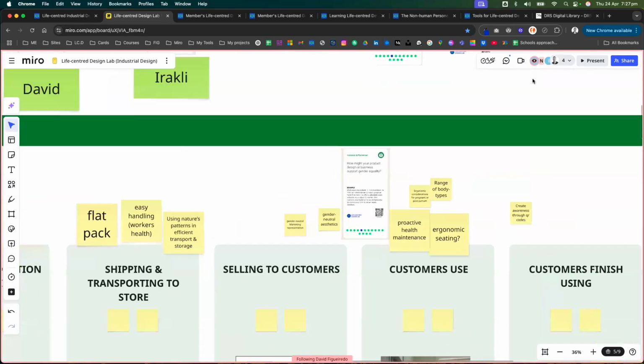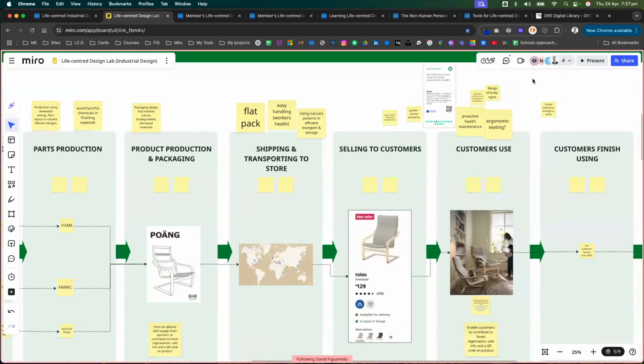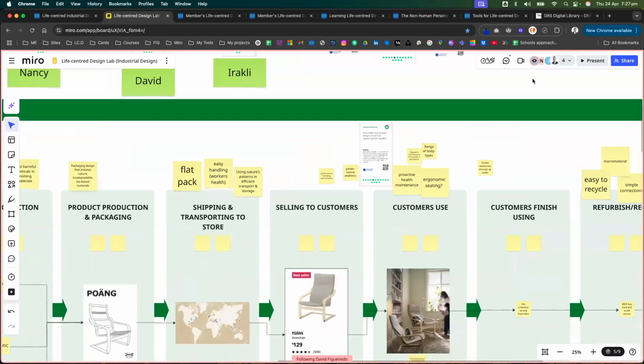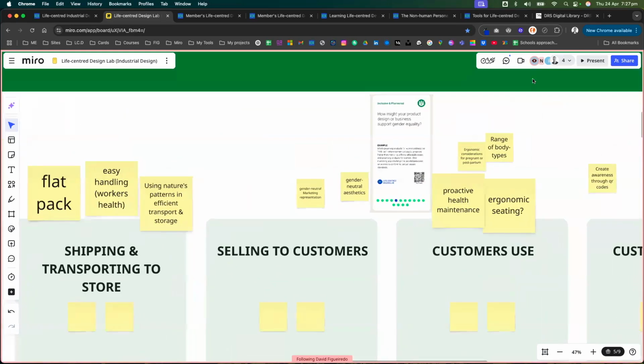But in terms of the Poang armchair, I had ideas related to gender neutral aesthetics, to avoid the marketing of pink, blue, and all of that kind of thing. So having a gender neutral marketing representation of the products, avoiding using only male or female actors.